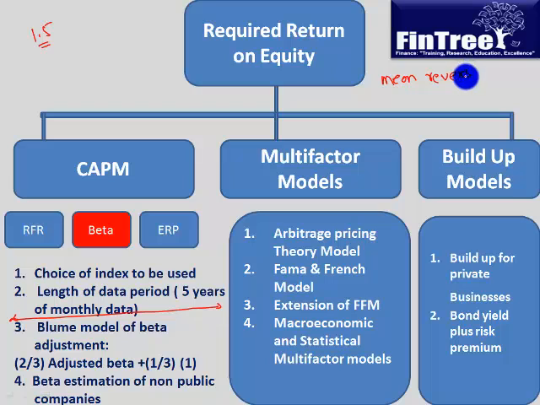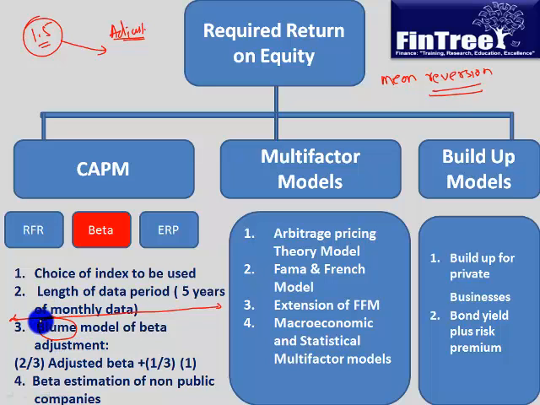What is mean reversion? Over time, any data set, any value will tend to go towards its mean. And what is the mean value of beta? Beta of entire markets, it is 1. So if I've got beta of 1.5, this is a raw beta. What analysts will typically do is adjust that beta, and to adjust that beta, one popular model is this Bloom model.